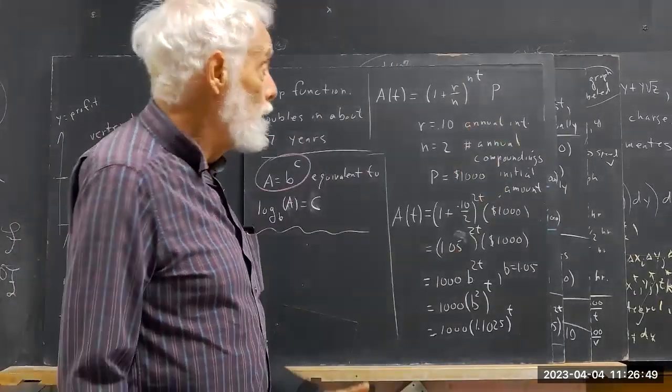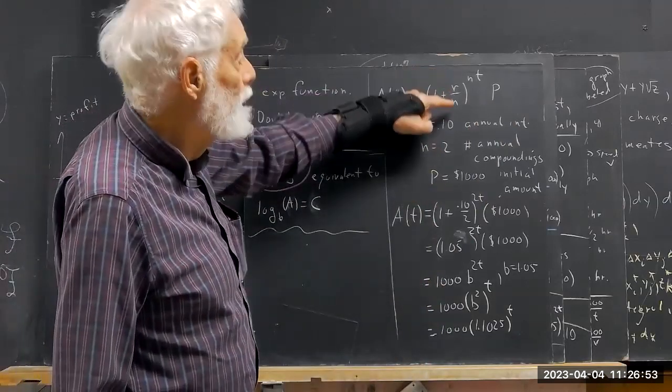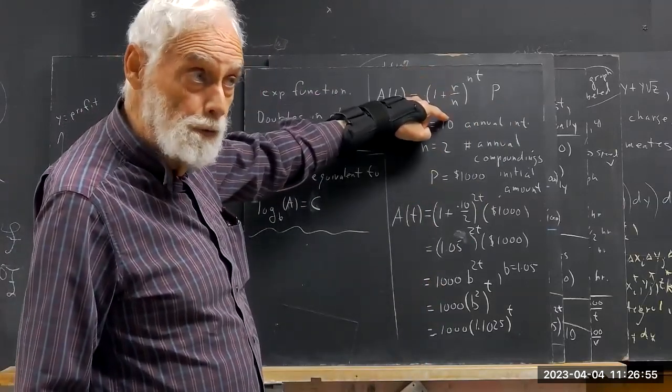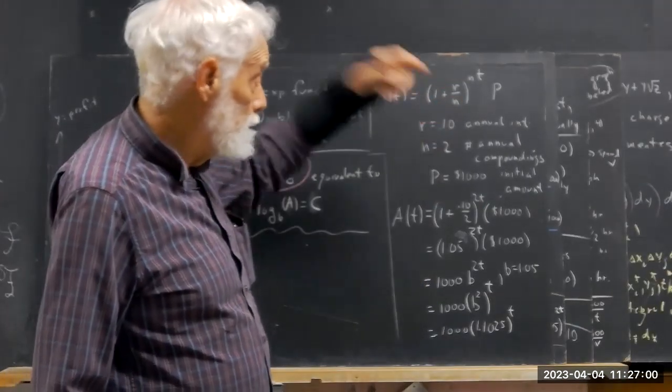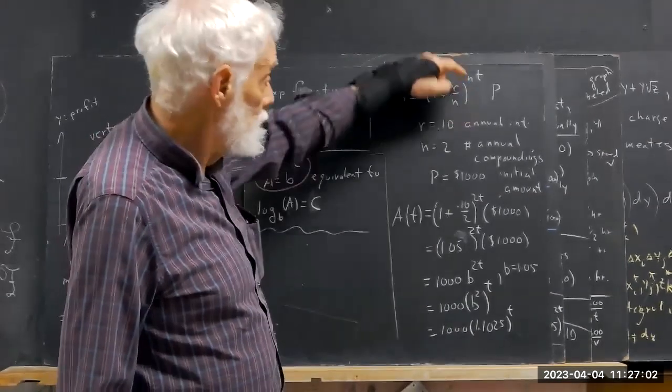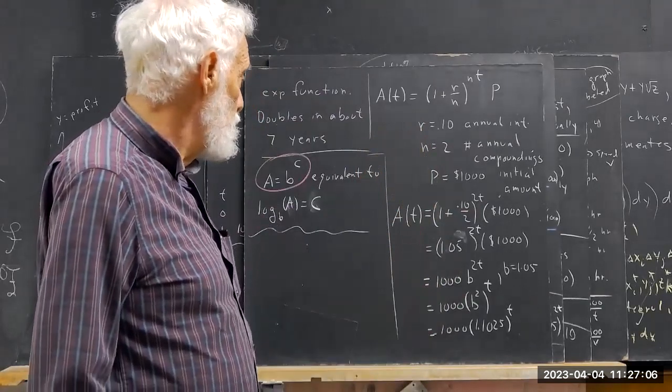So if r is 10% and you're compounding twice a year, you do 10% divided by 2, which is 0.10 divided by 2, or 0.05. So this is your 1.05. And your n is 2, so you do 2 right here. There's your function.